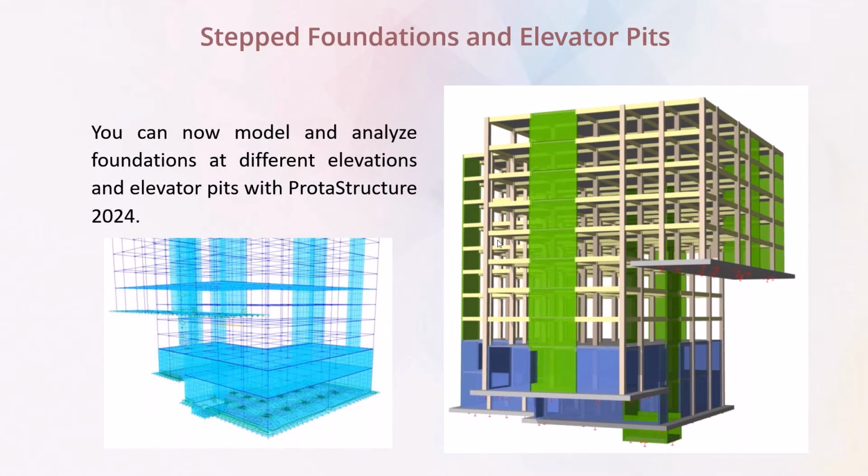Also, you can now model and analyze foundations at different elevations and elevator pits with ProtaStructure 2024. Actually, we were able to do this before, but we enhanced this feature significantly.